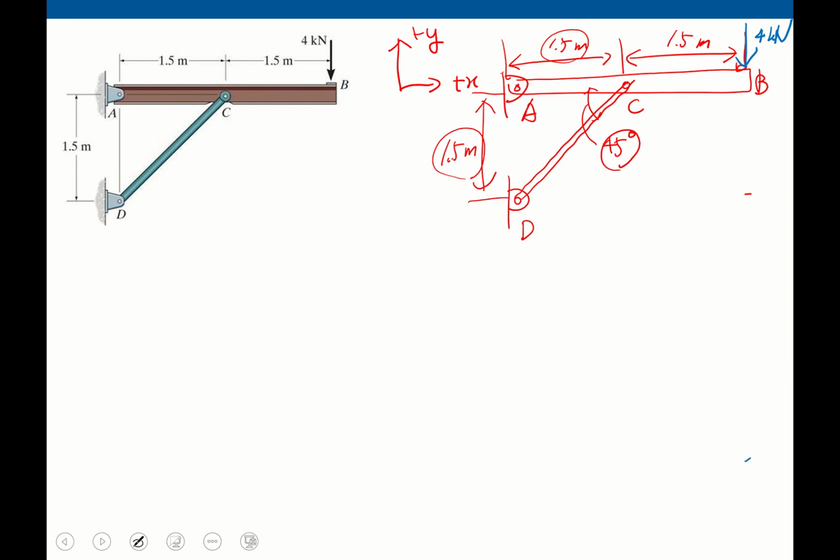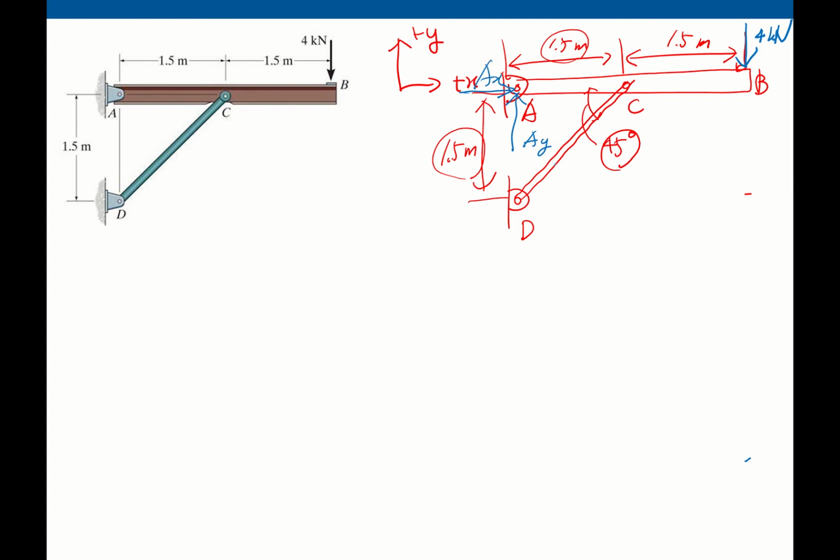We know that point A is pin connected. There are 2 support reactions, in the x-axis direction and y-axis direction, AY and AX. We have 2 unknowns.